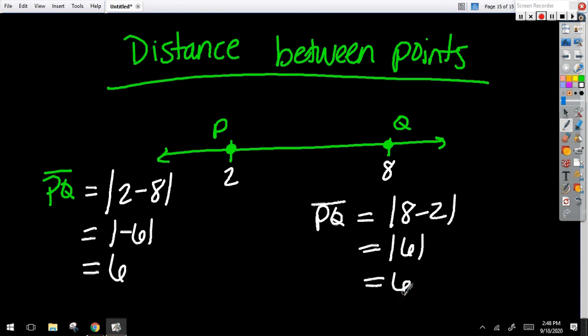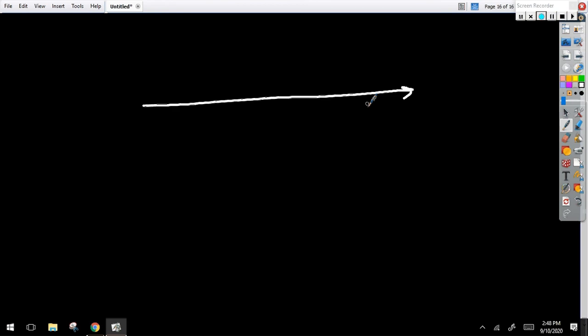So in general, the formula between points, let's take this same number line and let's call point P, let's call its coordinate x1, let's call this coordinate x2.